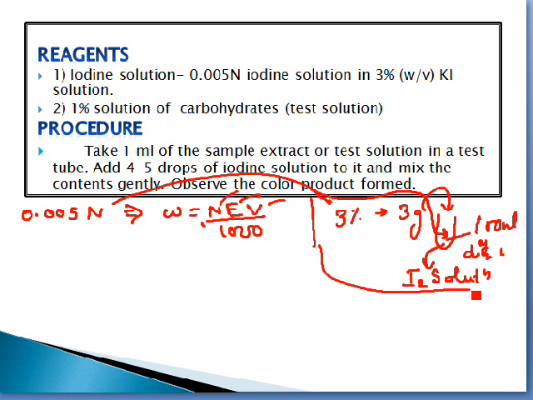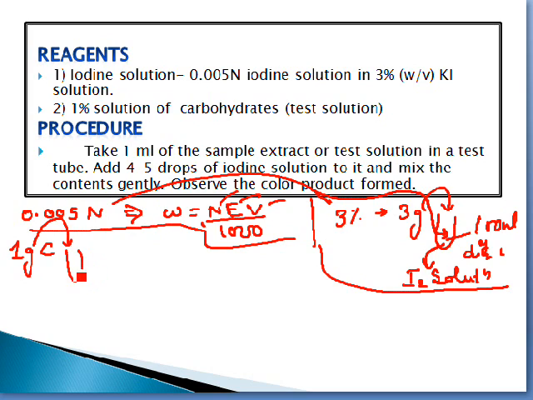Next, our second solution will be prepared by taking 1 gram of carbohydrate in 100 ml of water, that is a 1% solution. Now move to our procedure.